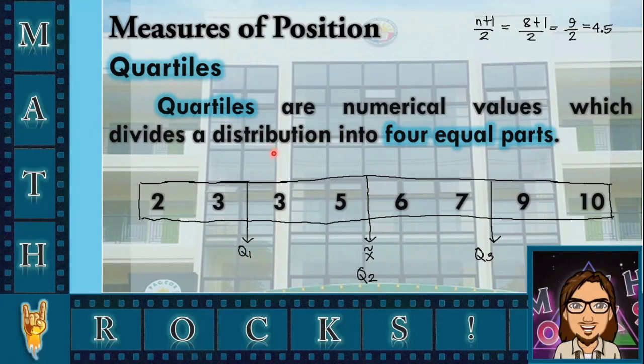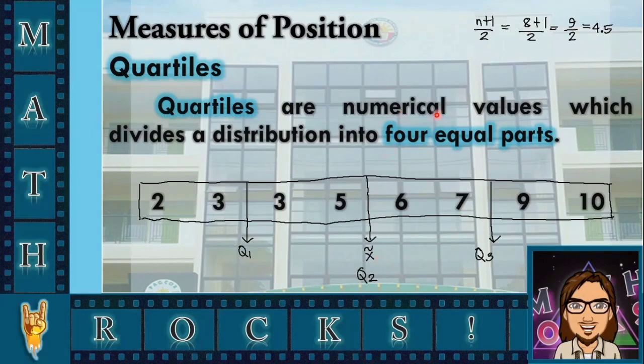Like what I said a while ago, this clarifies the idea of having the second quartile be equal to our median. And what about the exact values of this?